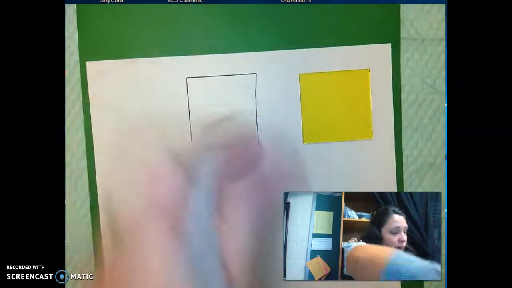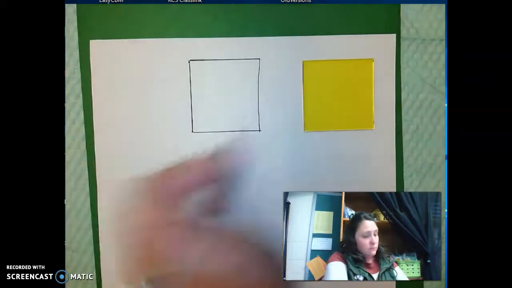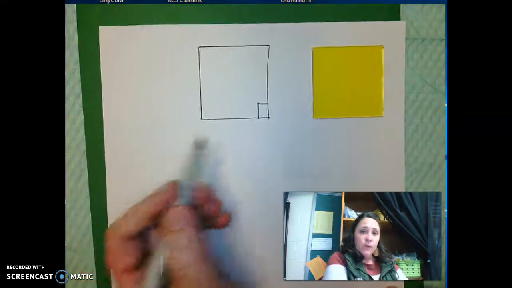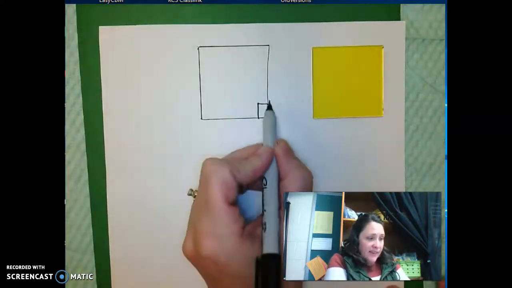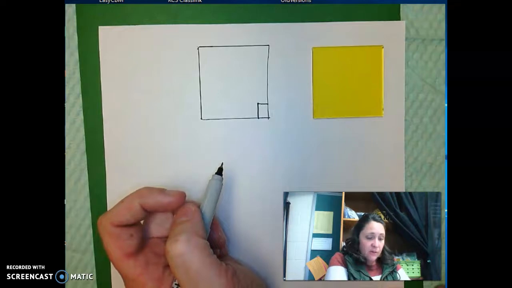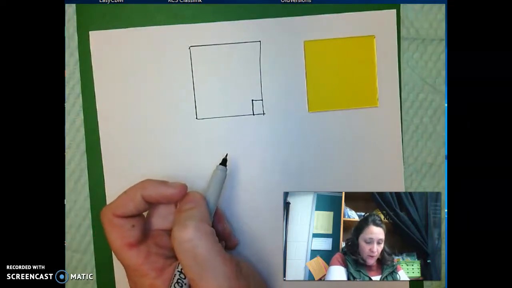Alright, so I have traced my polygon, my square. Now, I'm going to put what we call the box right here. And when you see a box right in the angle of a polygon, then we know that that stands for 90 degrees, or a right angle.